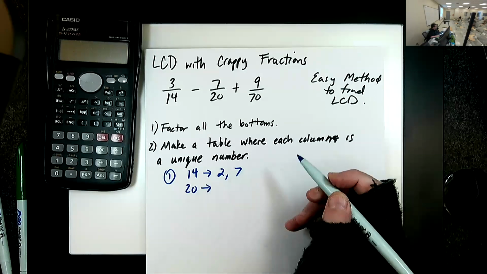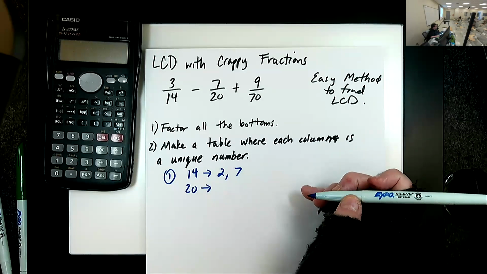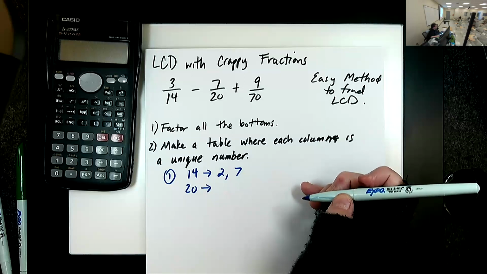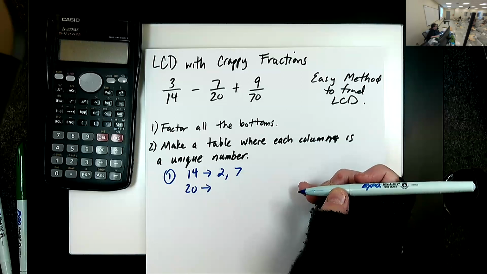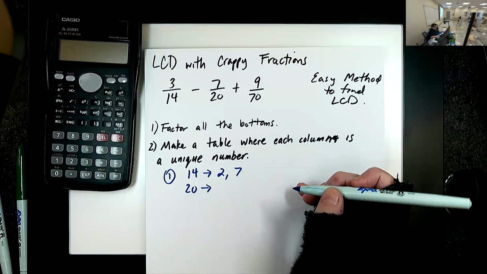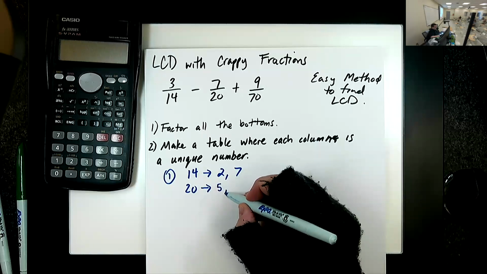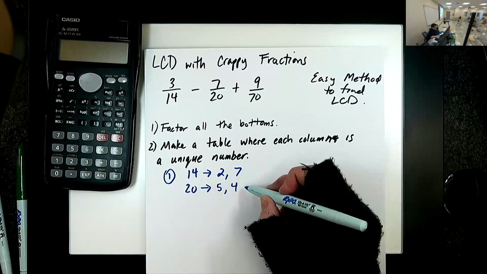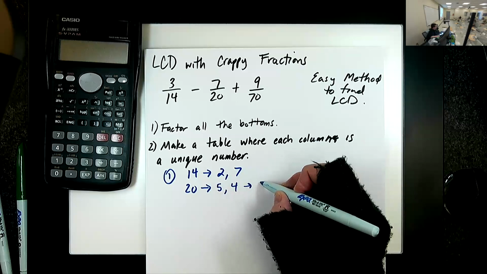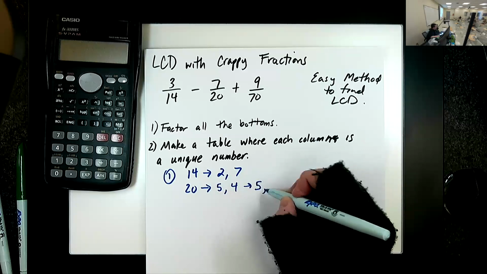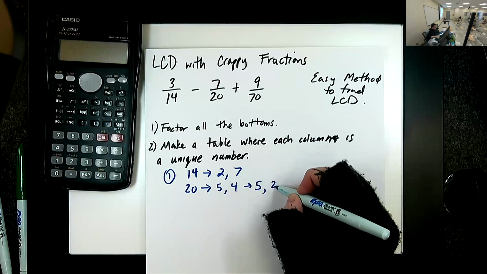What can we write that as? You don't have to necessarily start with the prime numbers, just start with 2 numbers you know until you get it down to where you need it. 5 times 4, that's a great option. 5 is a prime number, 4 isn't. So I'm going to break down 4 into 2 times 2.